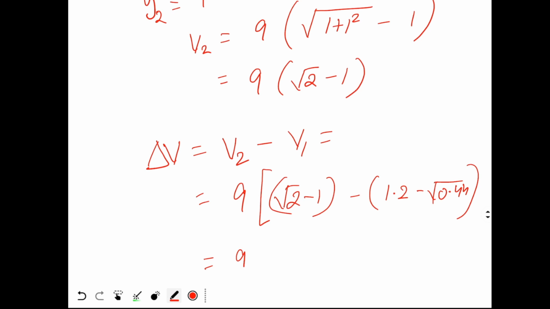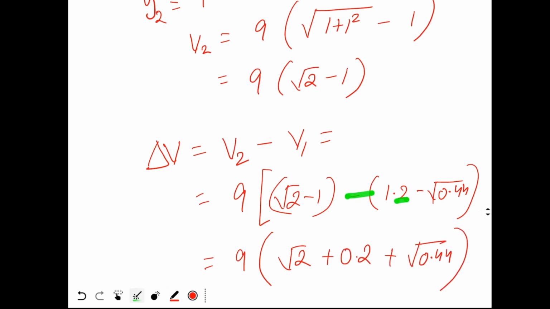Root 2 plus root 0.44 minus 2.2. Sorry, this will be with a minus sign, minus 2.2.